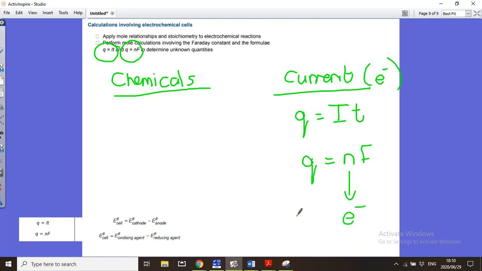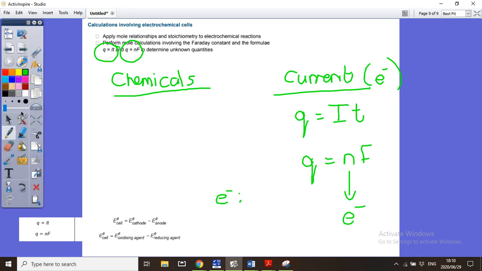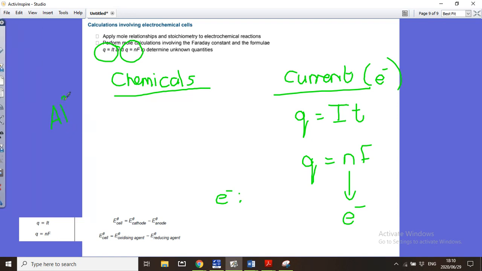Once you have your moles of electrons, you're going to use your plain stoichiometry ratio, and you're going to say my electron ratio to my chemical ratio. Now, let's say we were using our aluminium reaction again. Remember, it was Al3 plus that took up 3 electrons to form aluminium for us. So here the ratio of electrons to aluminium would then be 3 electrons will give me 1 aluminium.